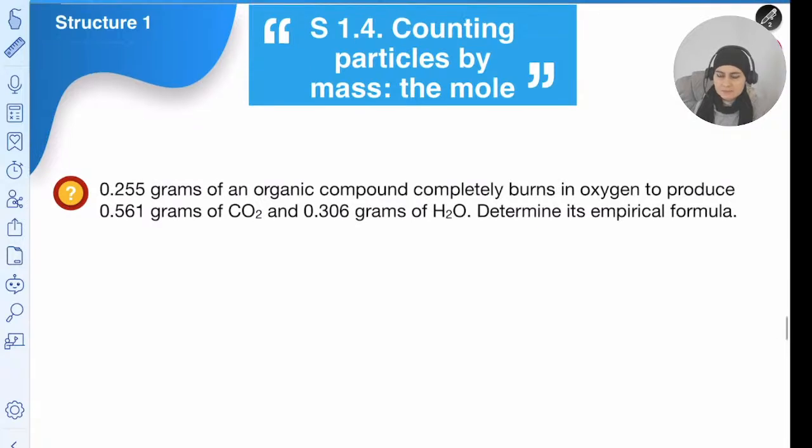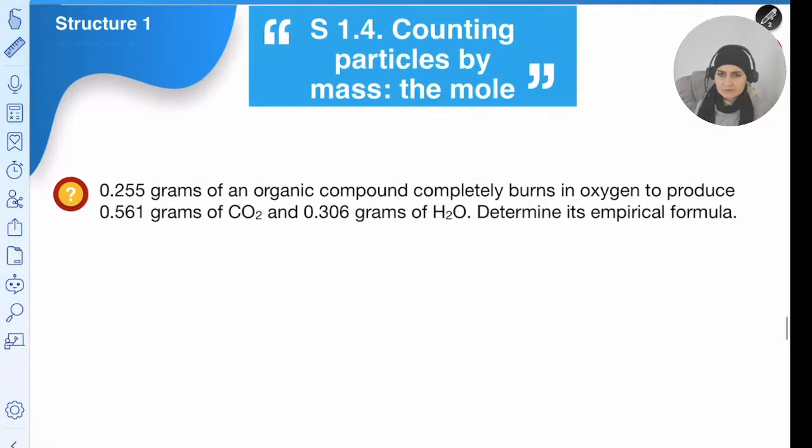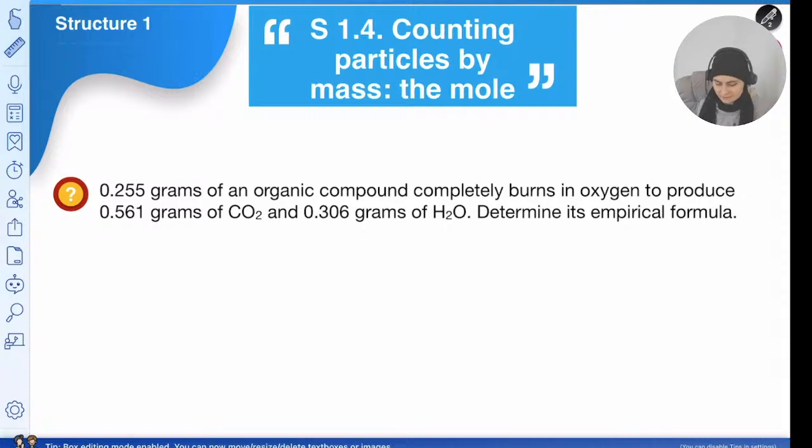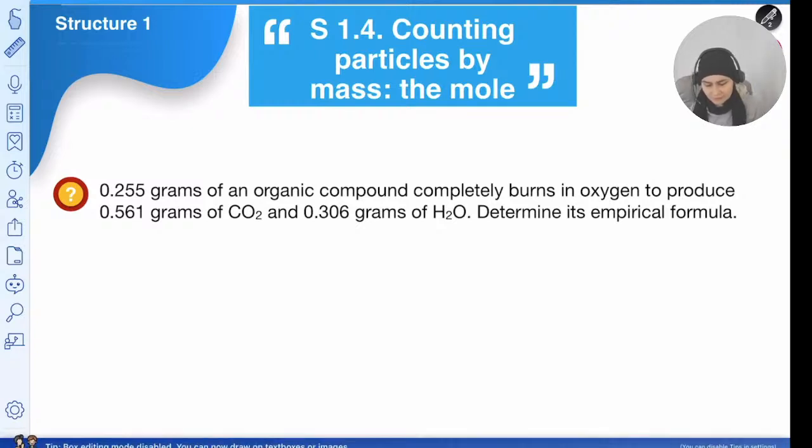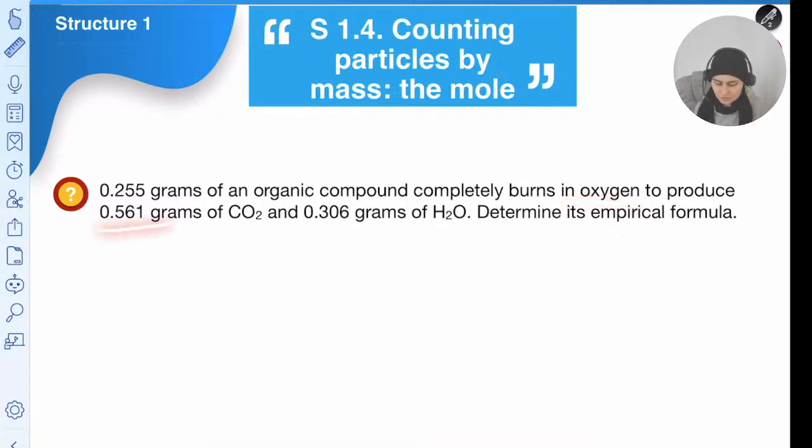Combustion analysis question, IB. So this is how it goes. 0.255 grams of an organic compound completely burns in oxygen to produce 0.561 grams of CO2 and 0.306 grams of H2O.